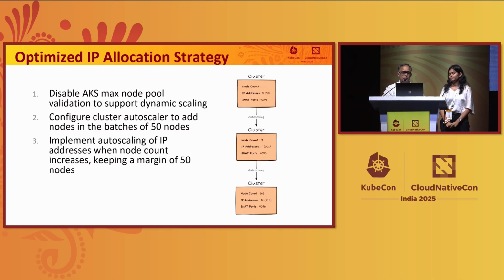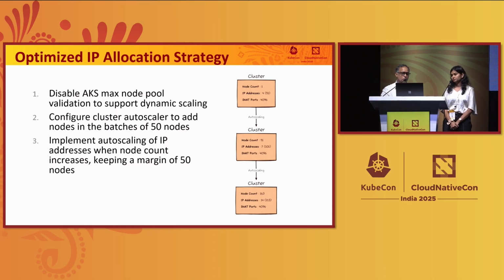To solve this problem, we want to allocate IPs based on the actual number of nodes. But AKS does not normally allow this because it has a validation that makes sure there are enough IPs available based on the max node pool size calculation. So we disable that validation. But after that, when we allocate IPs as per the nodes in the cluster, the autoscaler cannot add more nodes and the cluster cannot scale up, because when it tries to add more nodes, there aren't more IPs.